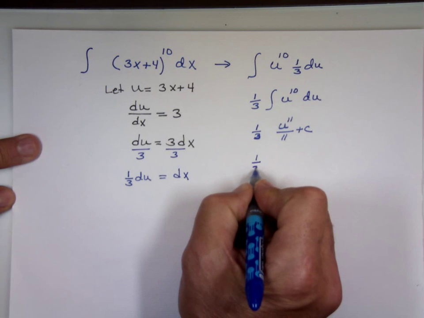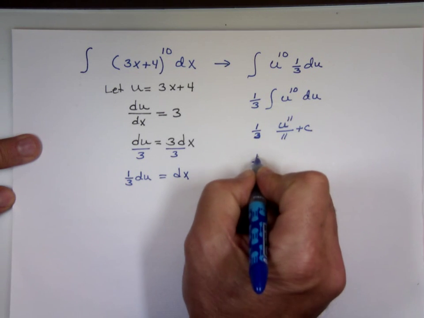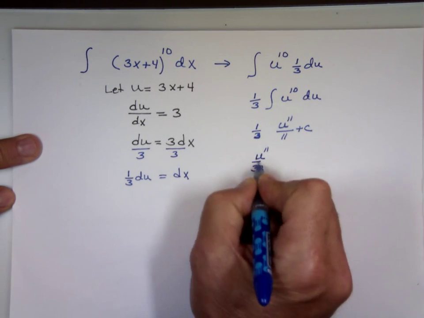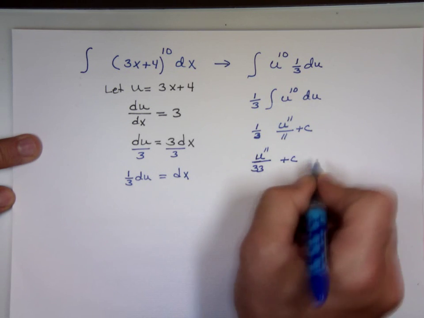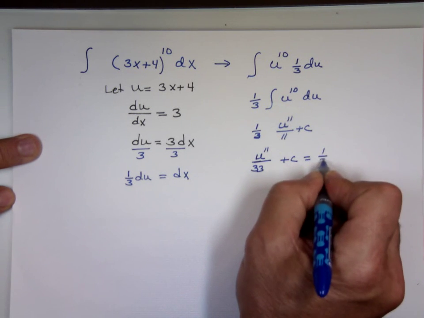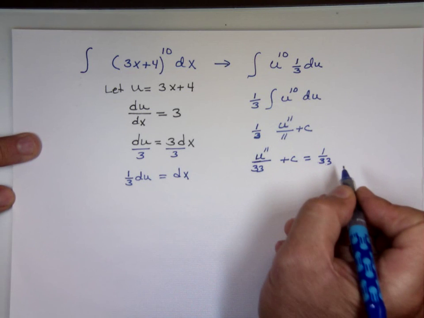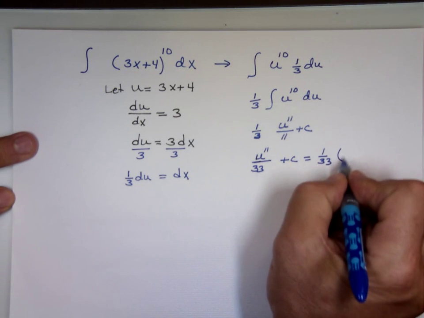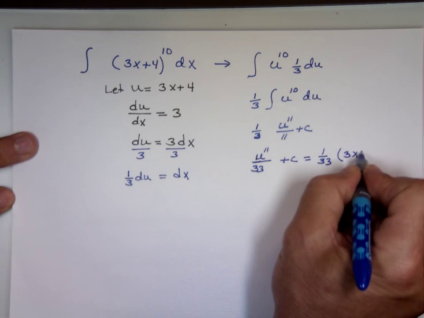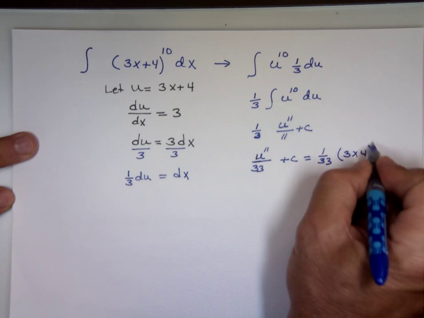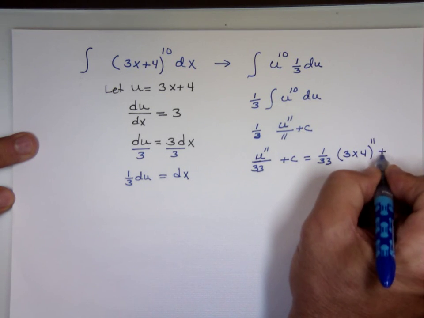That's 1 over 33, or u to the 11 over 33 plus c. Or the answer is what? 1 over 33. What is u equal to? 3x plus 4 to the power of 11 plus c.